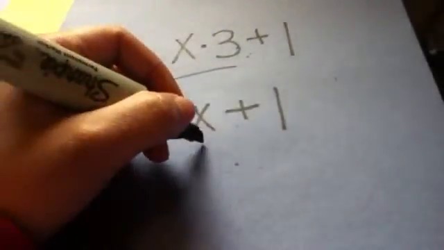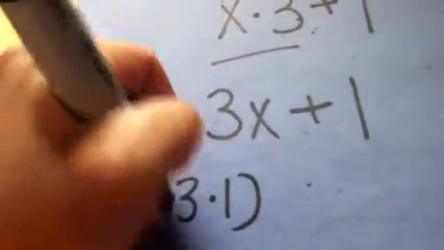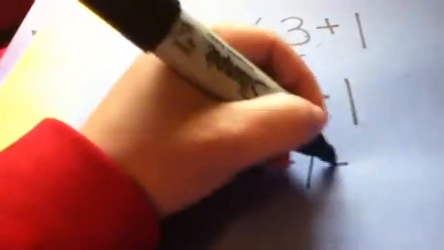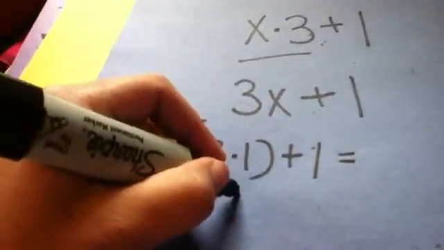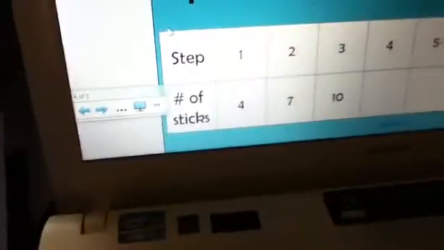So step 1, we're going to input the 1 here because x is the step number that we're on. So we have 3 times 1 plus 1, which gives us 3 plus 1 equals 4. So step 1 gives us 4 sticks, and we can check that and see that it's correct.